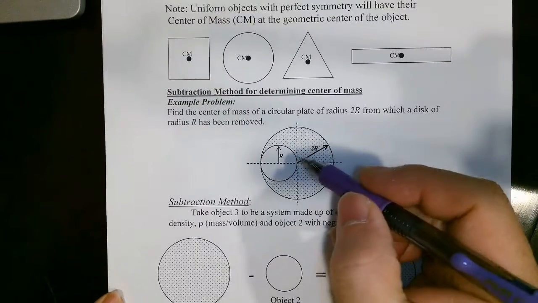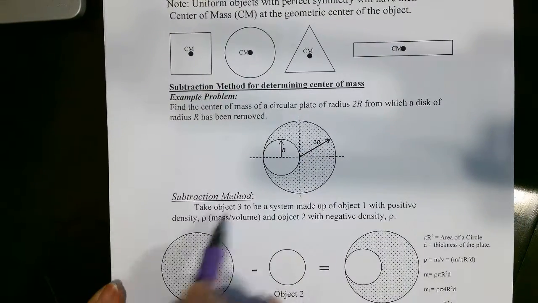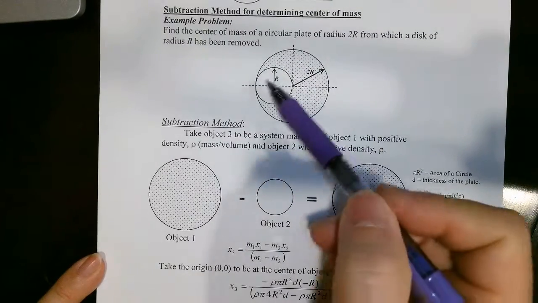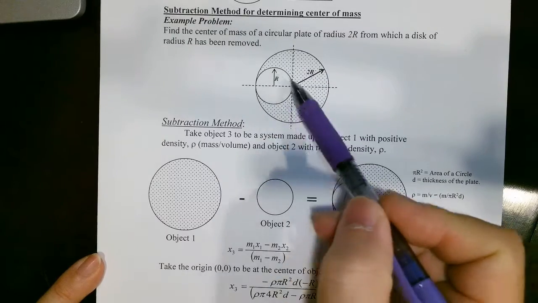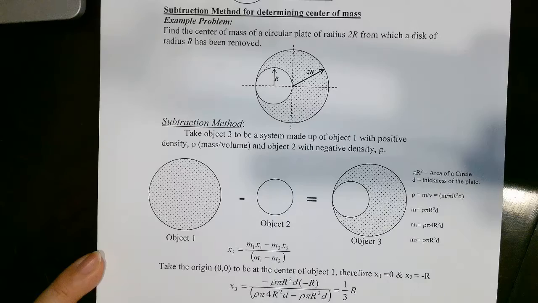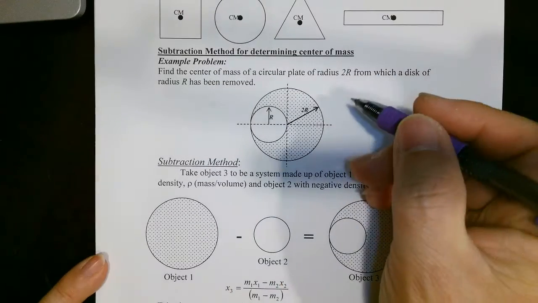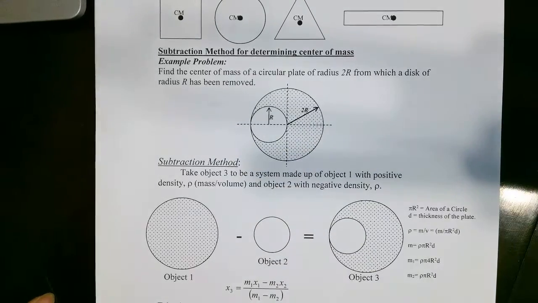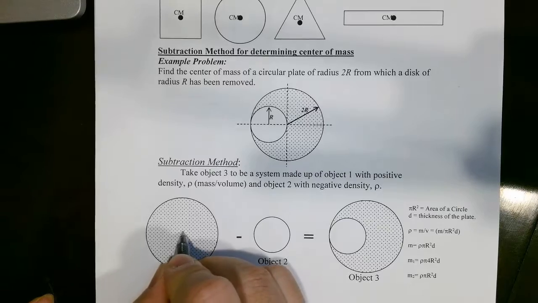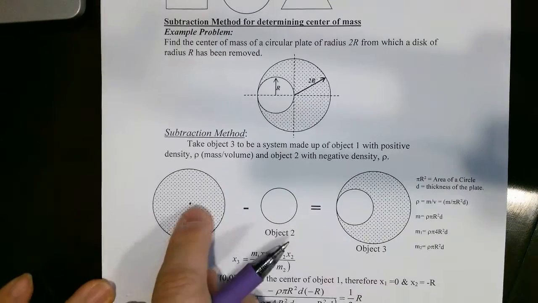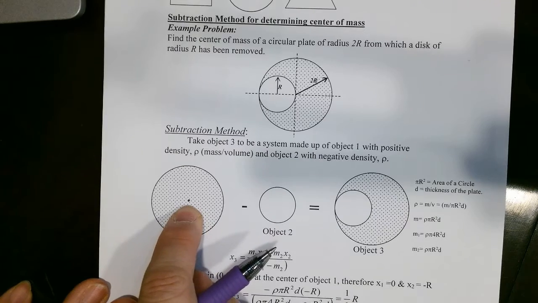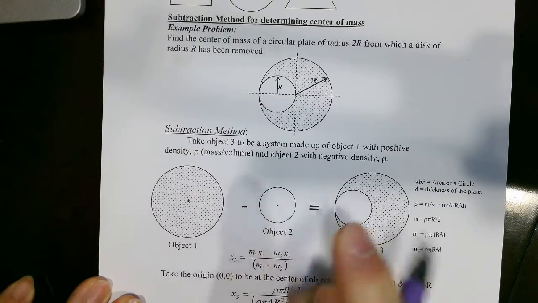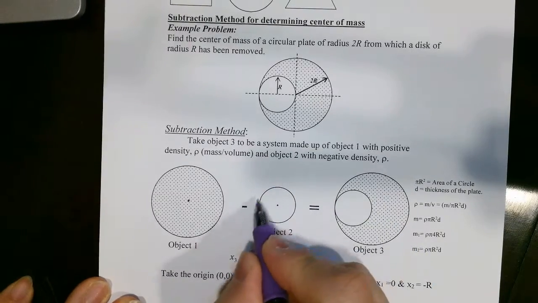To do this, we have to use the subtraction method. The subtraction method is literally, instead of adding other centers of mass, you are just subtracting what the center of mass would have been there. So to figure out the center of mass of each one, the center of mass of a circular plate would be at the geometric center. So this mass minus the hole, which is basically what is cut out.